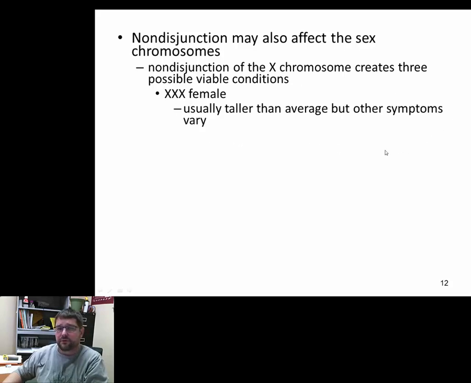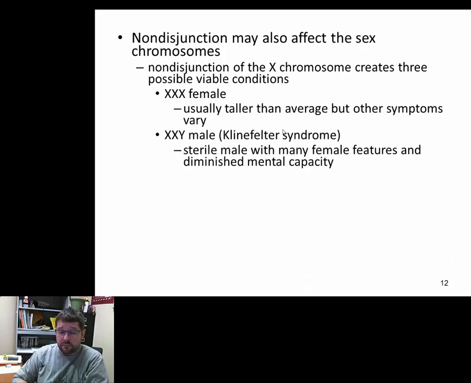There's some hypotheses that females that are extremely tall and don't have a connection to tall individuals in their family might be XXX females. But really, you can live a perfectly good life and the person next to you could be a XXX female and you would never know, and it really doesn't affect them very much at all. Okay, they're not sterile, they can reproduce offspring perfectly fine.